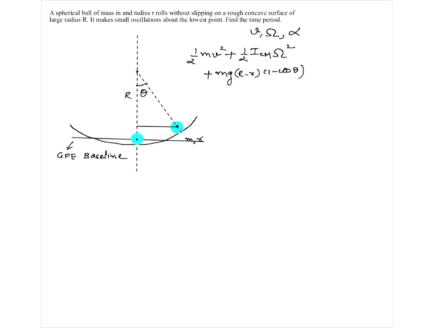Fine. So this is constant. Now the usual thing, differentiation with respect to time. m by 2 is constant, twice v dv by dt.